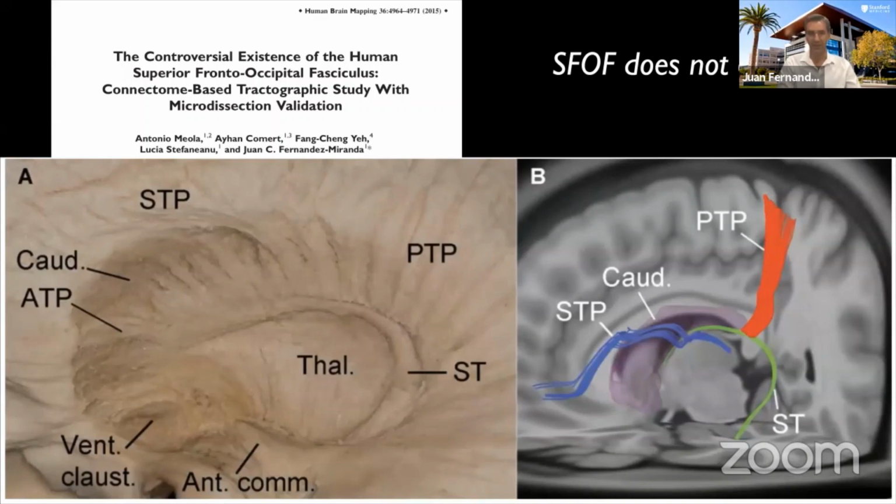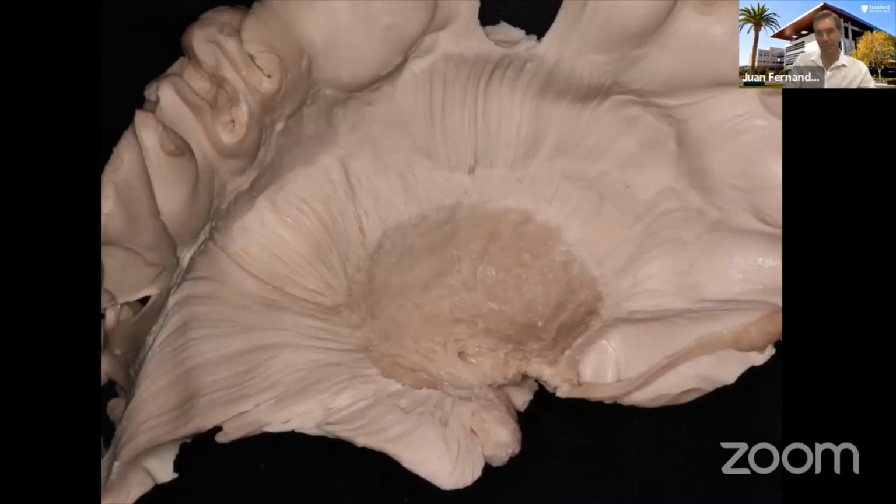Years later, we did a study with fiber tracking to corroborate that with imaging. It demonstrates that the superior fronto-occipital fasciculus does not really exist, at least the way it was described. So, important anatomical research.